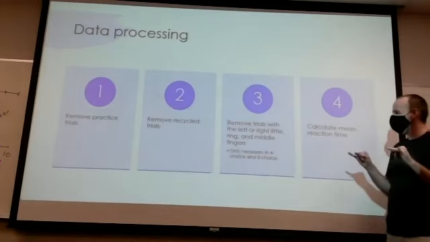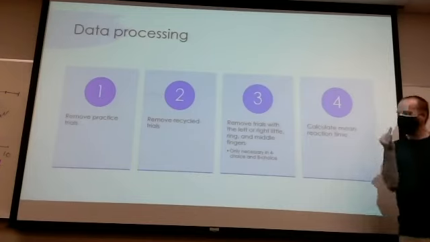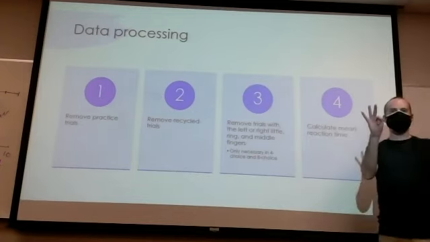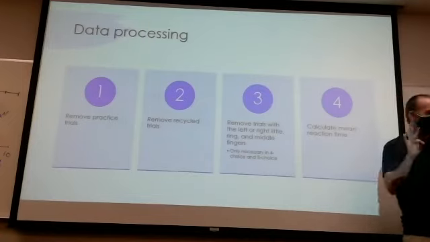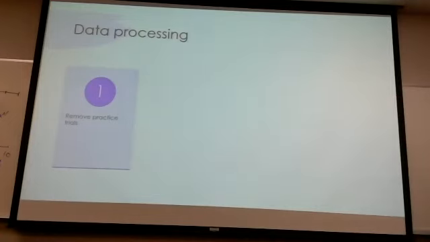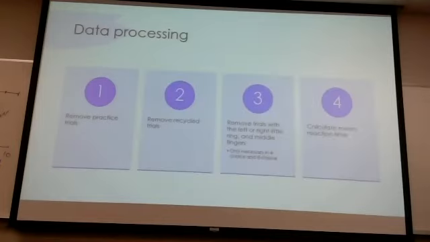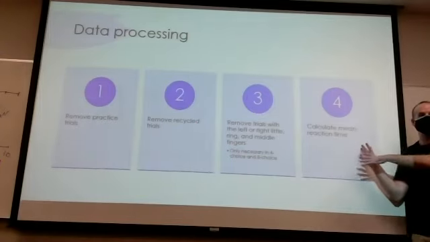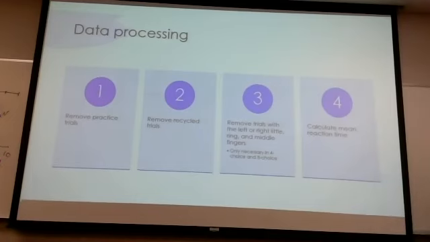I don't know if I got my commas in the right places, but little, ring. We're gonna get rid of trials with any of these fingers. Now, why is, well, we'll come back to that later. I'll show you why. You might already guess why. And then fourth, once we've processed the file, we can go ahead and calculate reaction time.